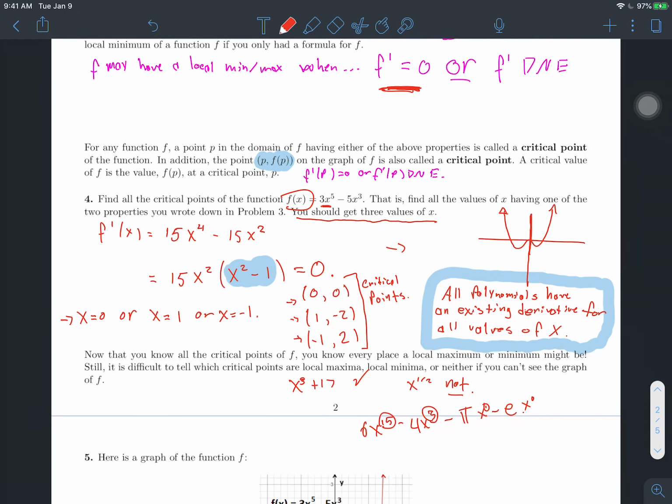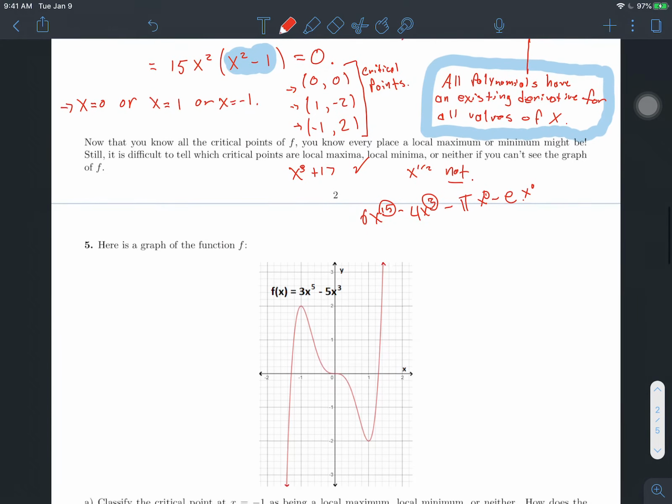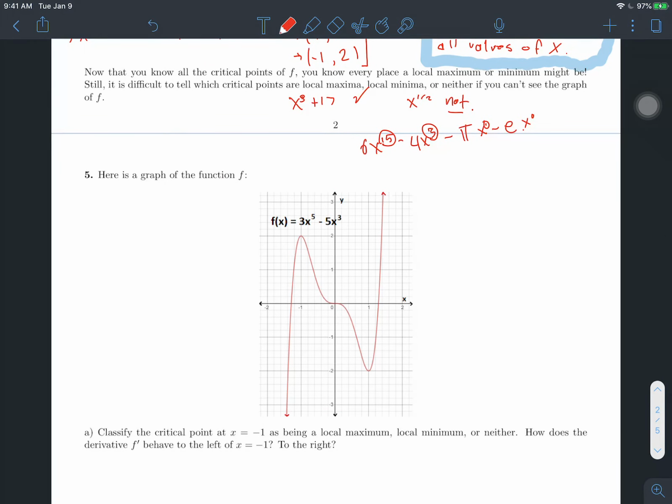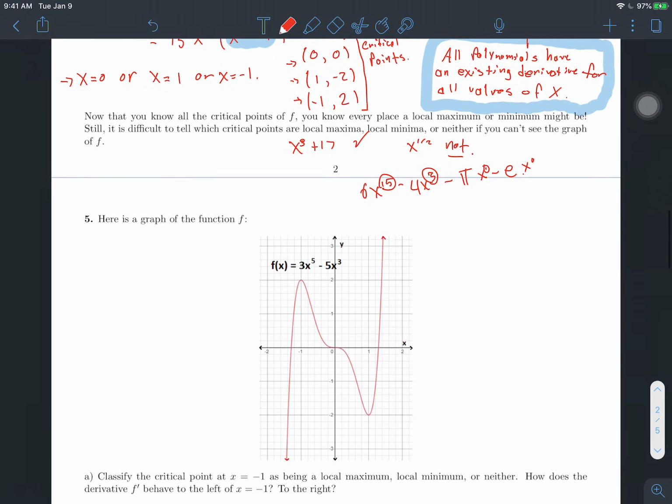Okay, how am I doing on time? Plenty of time. Okay, so here's the actual graph of this function. Let's draw on our critical points. We know there should be a critical point at the point 0, 0.